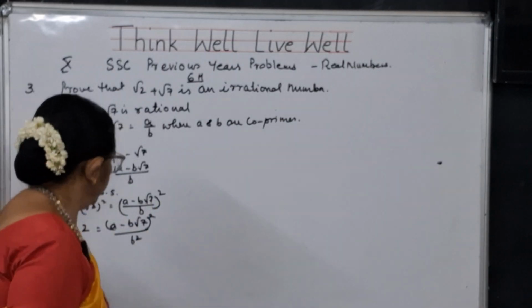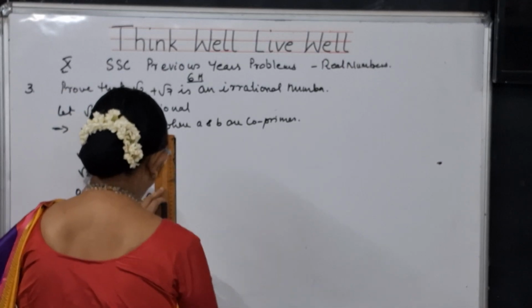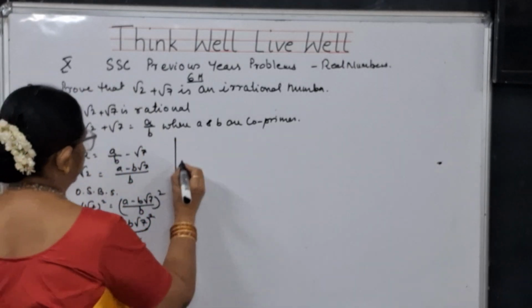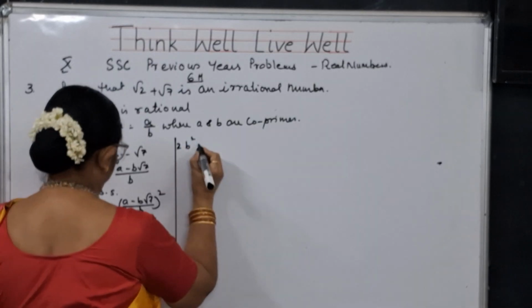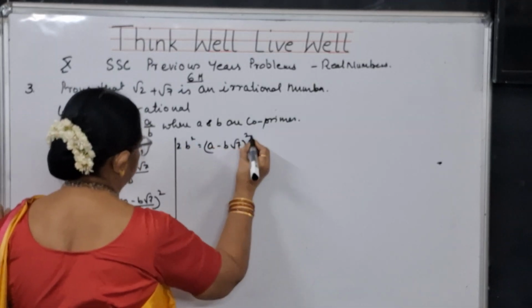Now, let me send this b square to the LHS. So what am I getting? 2b square is equal to a minus b root 7 whole square.